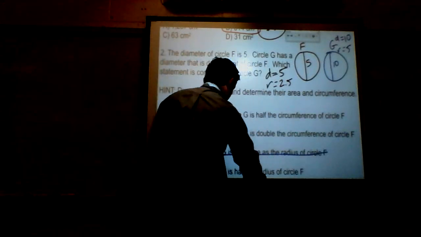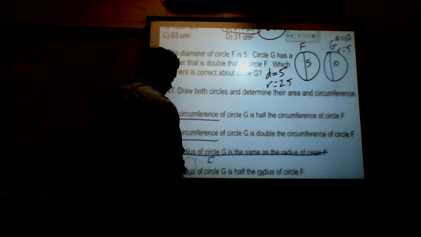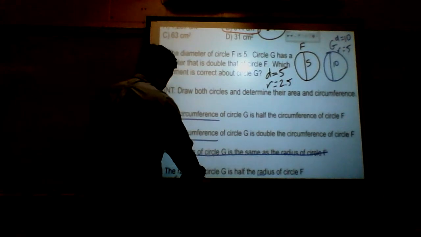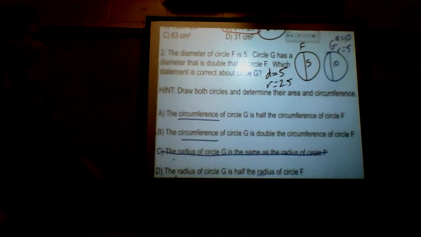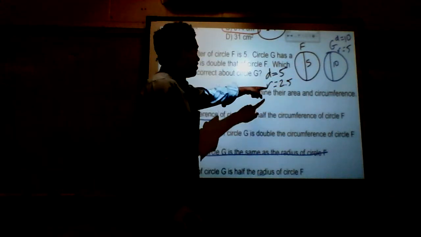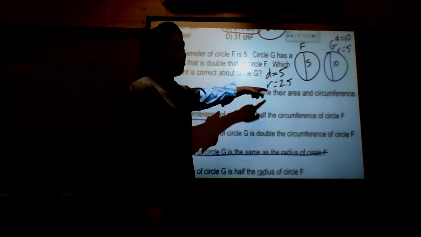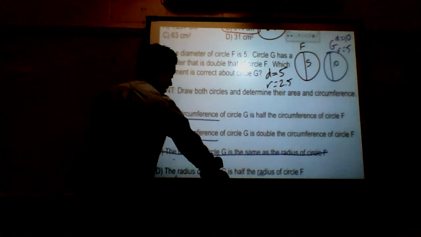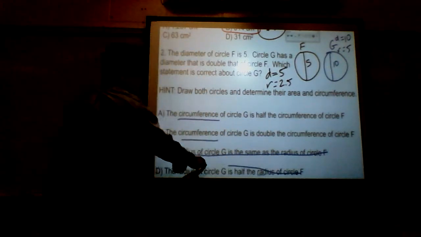So we can eliminate answer choice C fairly simply. Answer choice D says the radius of circle G is half the radius of circle F. Well, the radius of G is 5. The radius of F is 2.5. That's not true. It's actually double the radius.